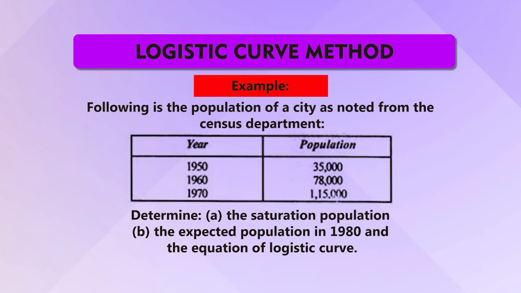Determine the saturation population. The population is given year-wise: 1950, 1960 and 1970. We have to calculate the saturation population, the expected population in 1980, and the equation of the logistic curve.